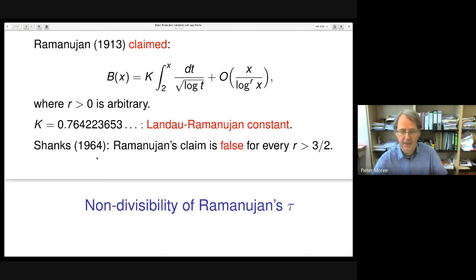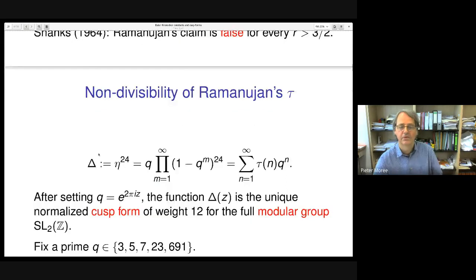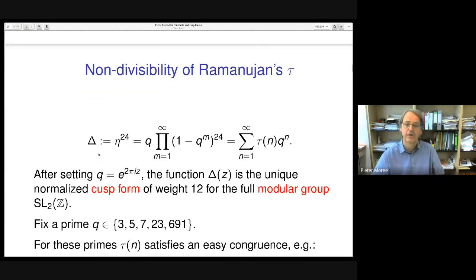So in this unpublished manuscript, what Ramanujan did is he made similar claims to the one above. So Ramanujan was very interested in modular forms and mock modular forms, and the basic modular form is the delta function, which was already considered way before Ramanujan.